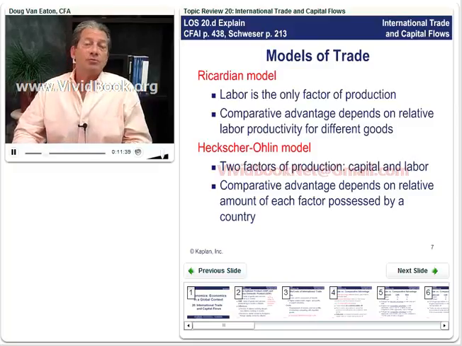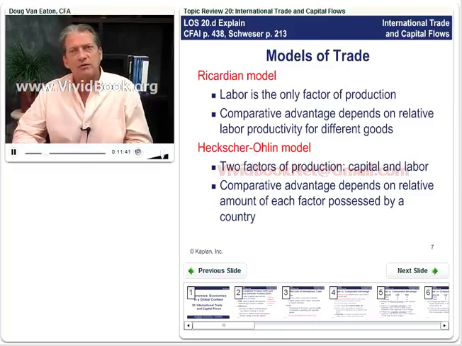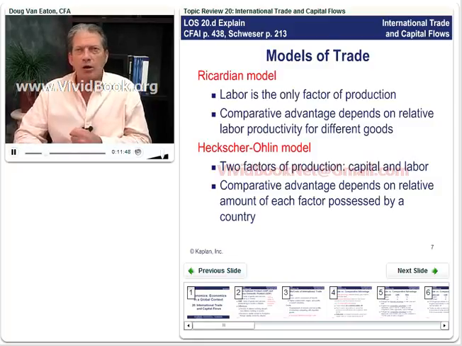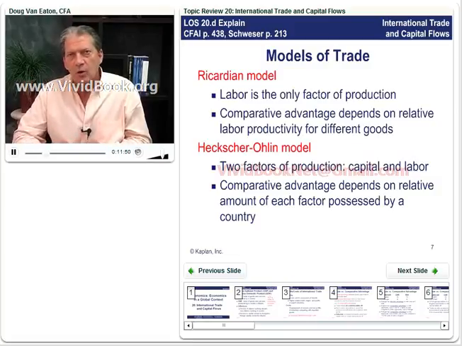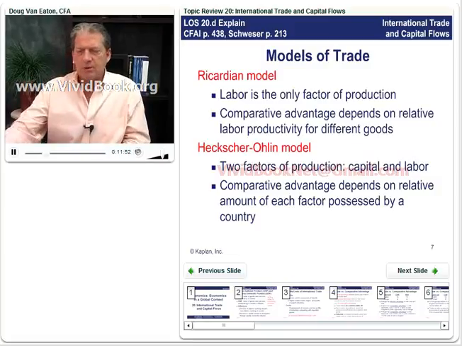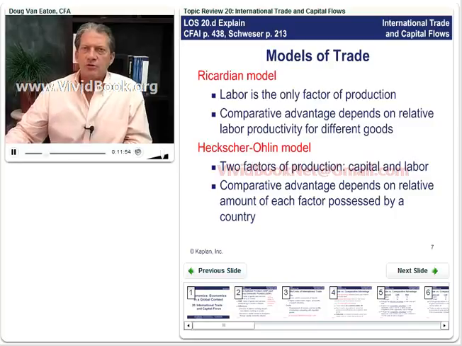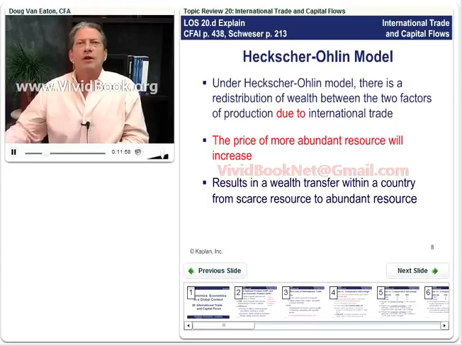And it also has two factors of production, capital and labor. So two names in the model, capital and labor. One name, Ricardo, in the model, that's based only on labor, not capital. So that should help you keep those straight. Okay.